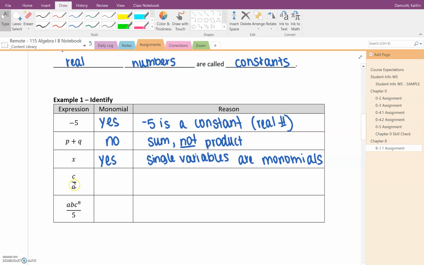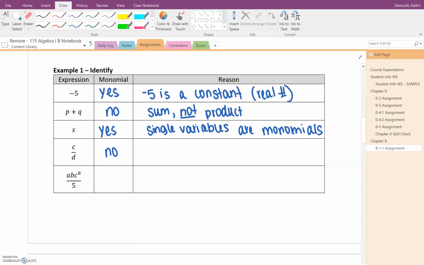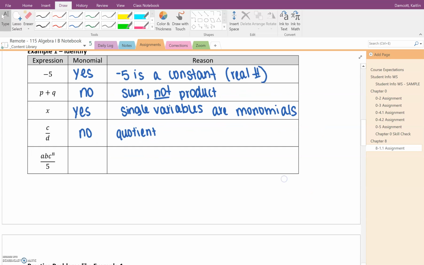Anytime you see a variable in your denominator, this is going to indicate that it is not a monomial. So this one's no, and our response is no, it's a quotient. Quotient just means it's a division problem. So quotient of variables.